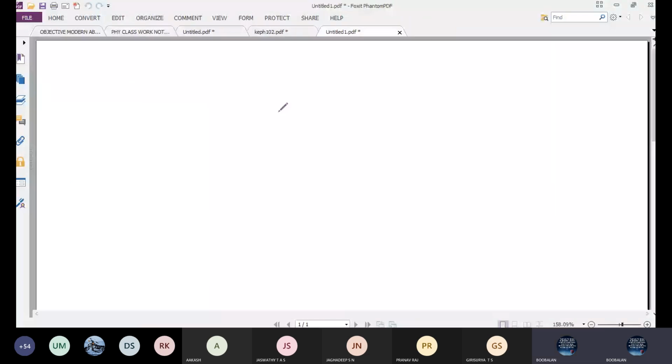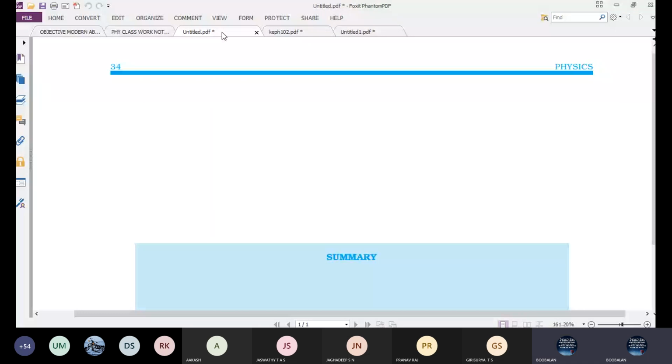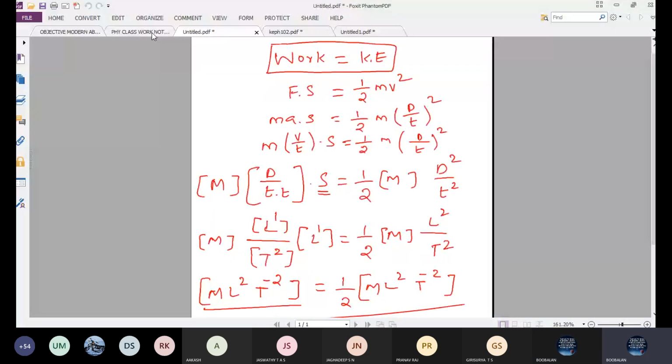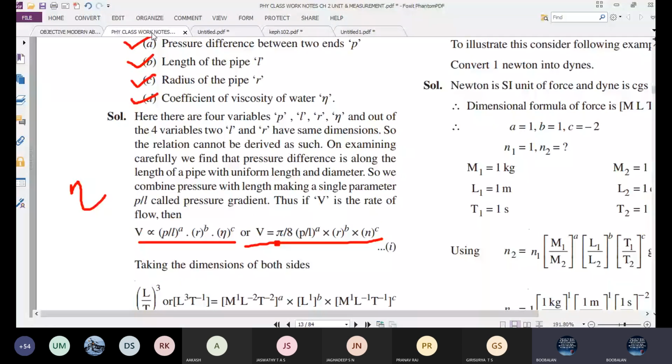One minute. So first, everyone write the dimension formula: pressure, length, radius, and eta. Actually, eta is new for you, so you can refer to the material. What is the dimension formula? Do it fast.